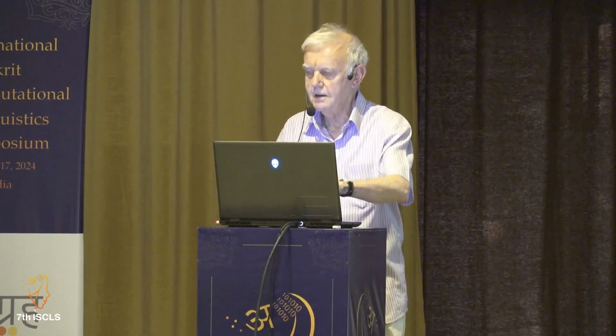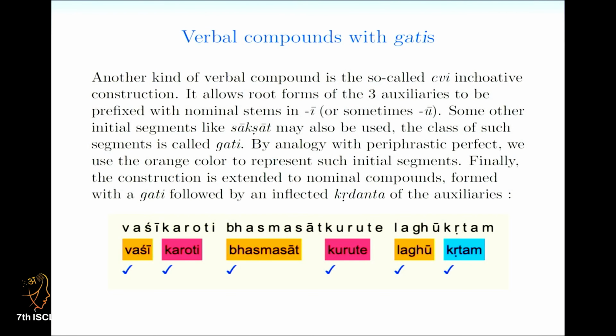Okay, so here you will recognize some of these gatis, basmasat, lagu, and each accompanied with its verbal form of an auxiliary, but that works also on kri. Okay, so here kritam is kri-ta, so it's blue.